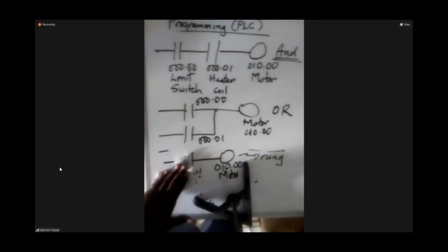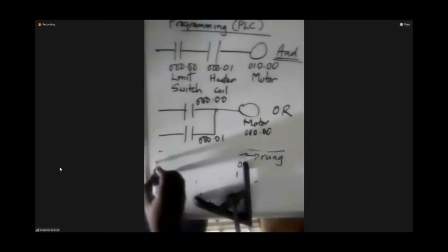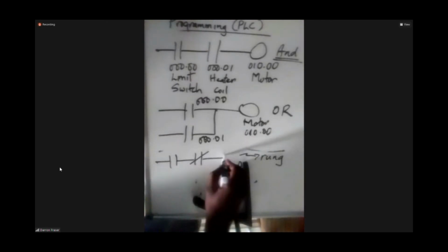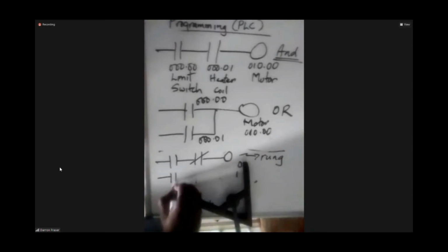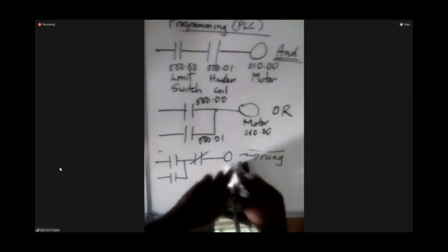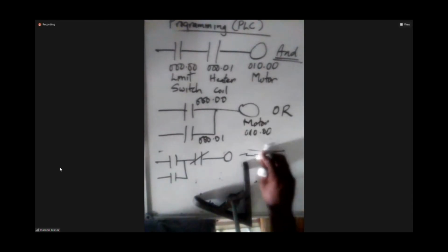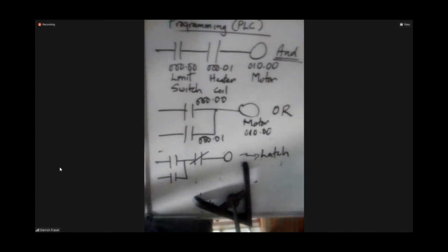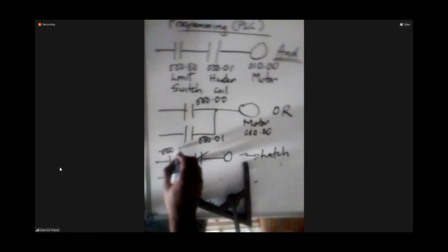All right. So now let me deal with the most important programming construct that we can have. And let me just tell you the name of it. This is called a latch. So this is 000.00.